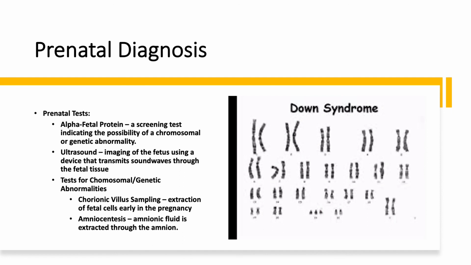And so amniocentesis is an insertion of a needle through the belly wall and drawing out of amniotic fluid so that you can take the chromosomes under a microscope, stain them, and then arrange them in these pairs like we talked about before.